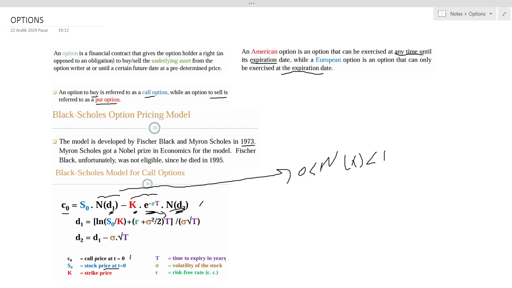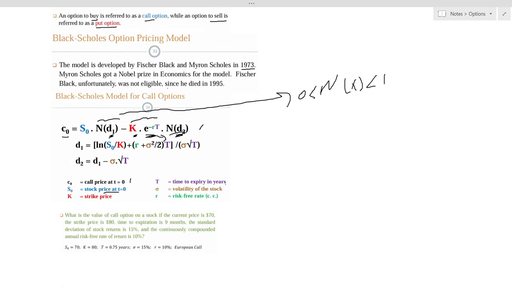What we said earlier: an option is the right, but not the obligation, to buy or sell the underlying asset. So we are actually buying a right, not an obligation. Therefore, the answer is that options are valuable under high volatility.